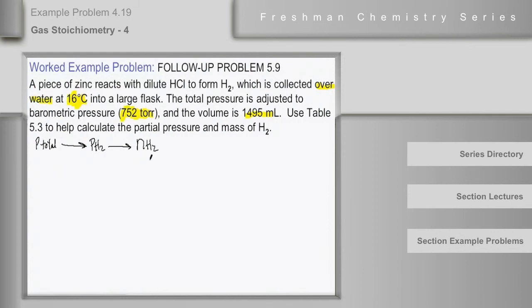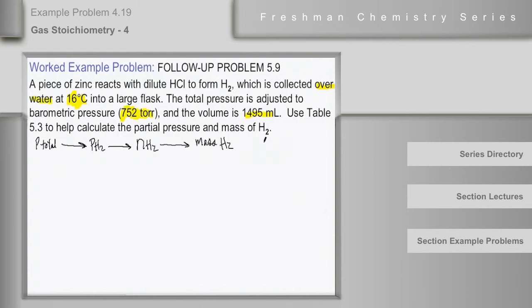Since we want the mass of H2, we can use PV is equal to nRT. We have the information of the volume and the temperature and so forth. And then we can do a mole to mass conversion to get the mass of H2. So that's a reasonable strategy to start with here.